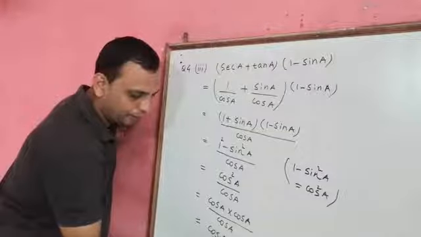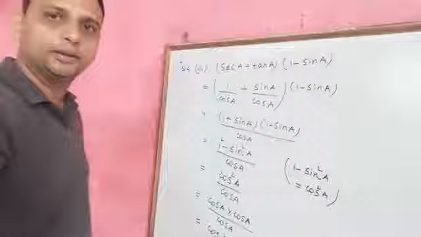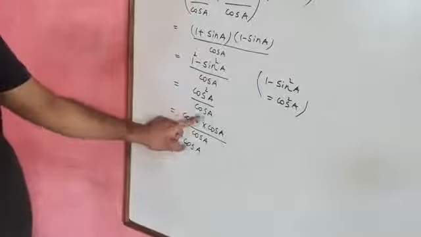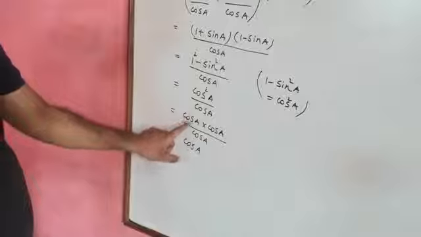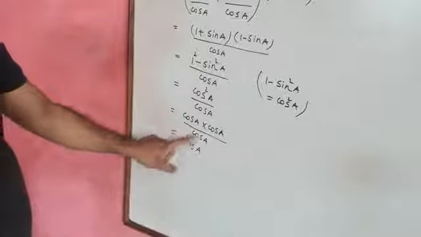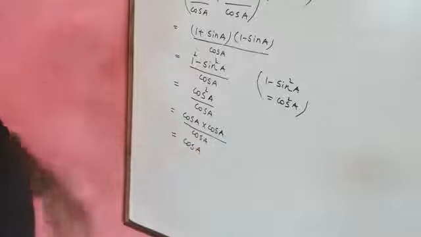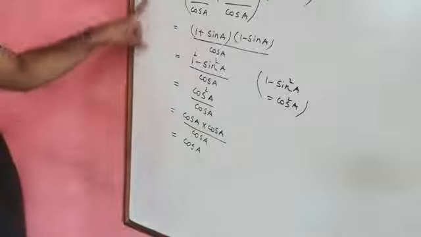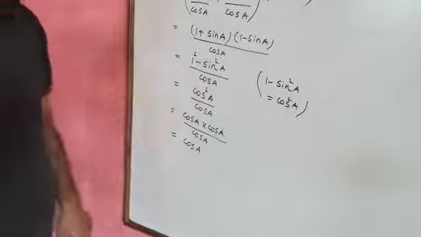What is the answer? Cos A is the answer. You can see cos square A and cos A. The cos 2 times, then cos A into cos A, the cos and cos cancel. So what is left? Cos A is left. So we can say that the answer for the third is the cos A.